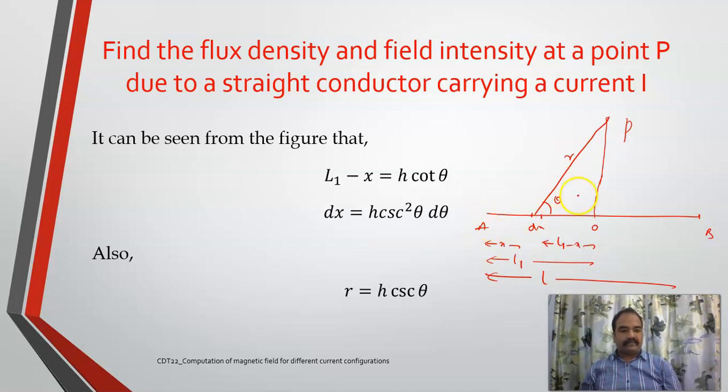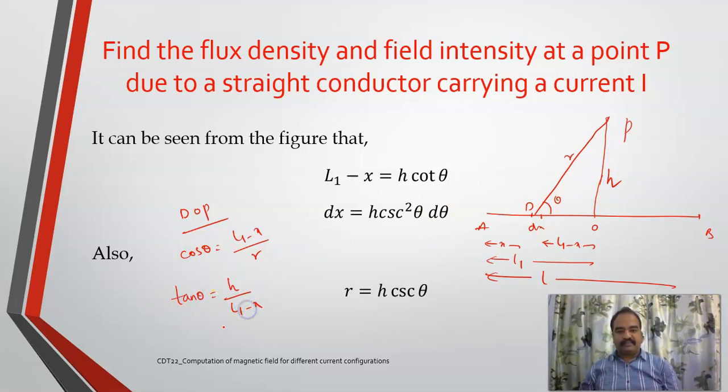In this triangle DOP, what is cos theta? Cos theta is L1 minus x by r, right? And this is h. What is tan theta? It is h by L1 minus x. And what is sine theta? It is h by r. I'll utilize these formulas.